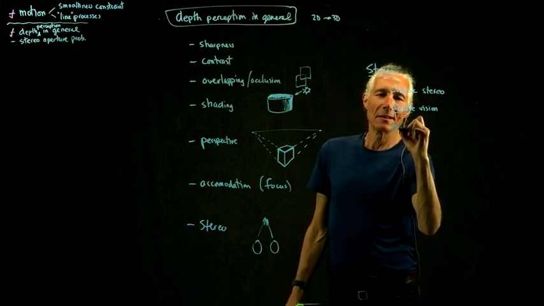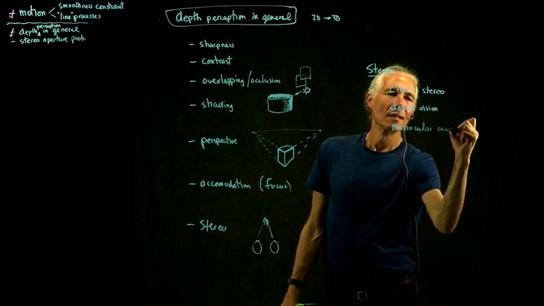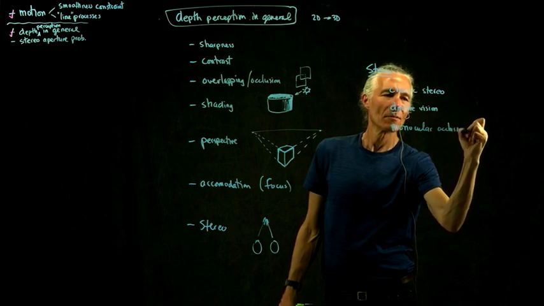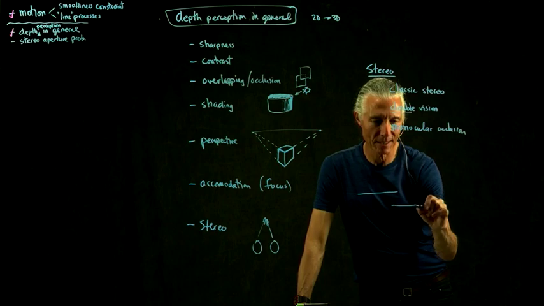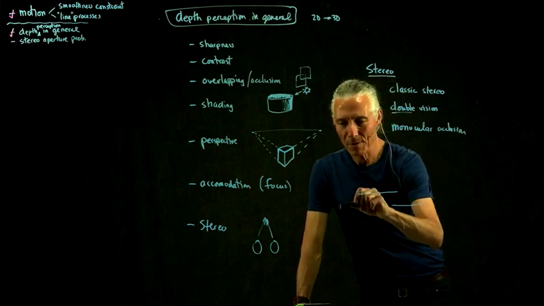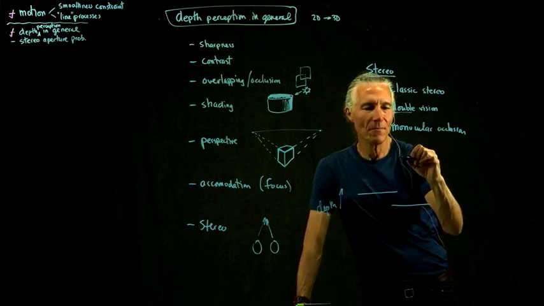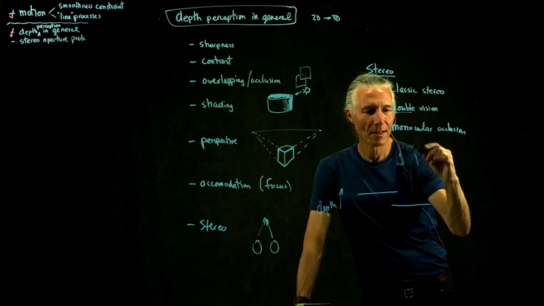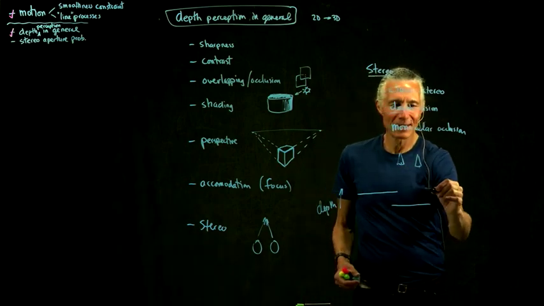And you can even use what's called monocular occlusion. So say you're looking at an object that looks like this. This is depth. And here's two eyes looking at this object.